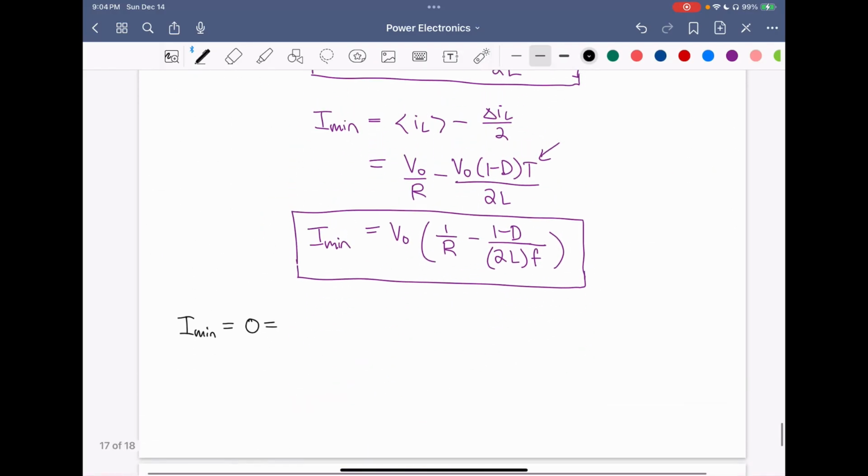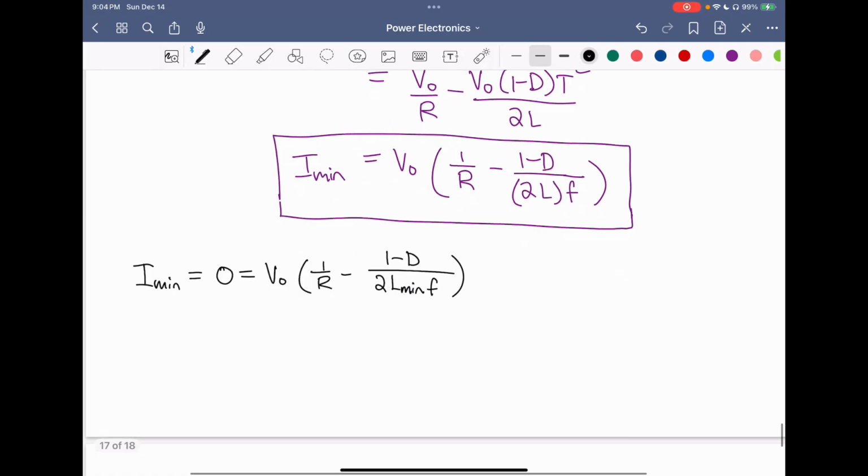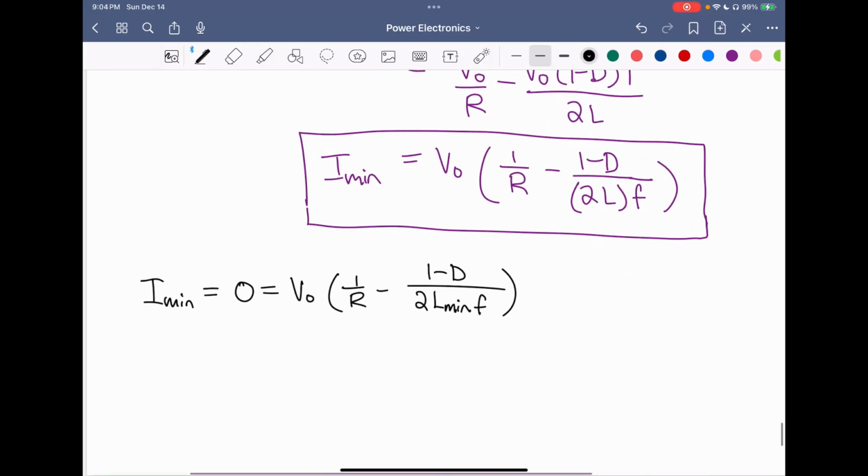So in this case, substituting the expression, the value of the inductance will be L min. So this is the minimum inductance we have to use to ensure we stay in the continuous current mode. So because this equals 0, we can divide V out on both sides.